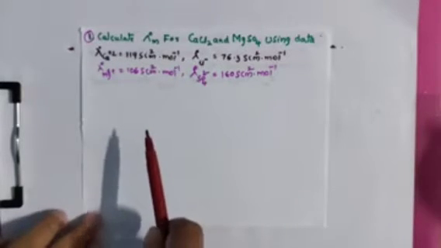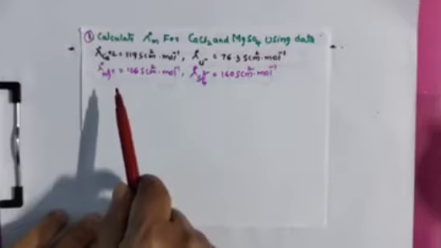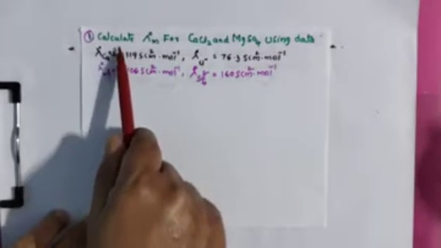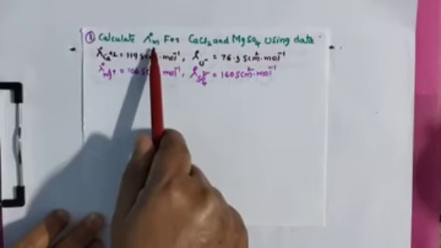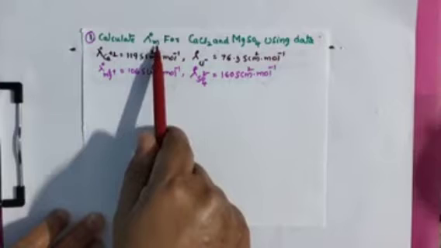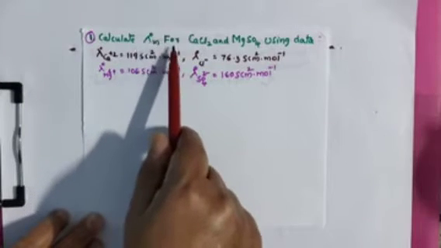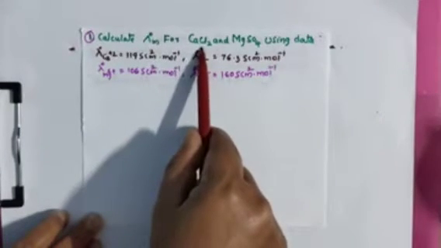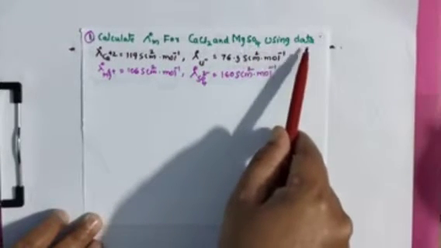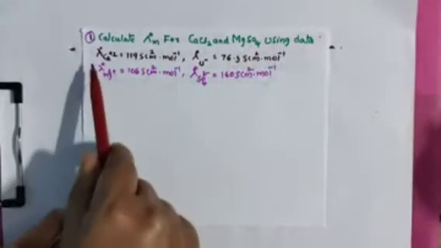Here we have a problem. Calculate Λm⁰, the molar conductance at infinite dilution, for calcium chloride and magnesium sulfate using the data given below.